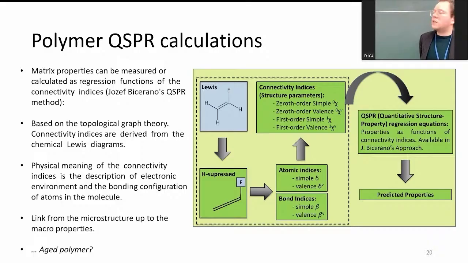The idea is that we have any chemical structure, and we can use mathematical graph theory to analyze the Lewis diagram. Graph theory allows us to break down any structure into a number of parameters, in this case atomic and bond indices, so it's a 4-parameter set. With the mathematical operations, we have these 4 parameters as simple valence and zero and first order indices, also called structural parameters.